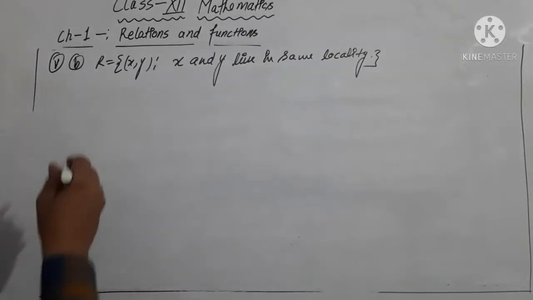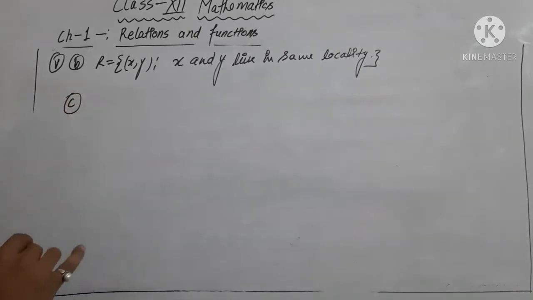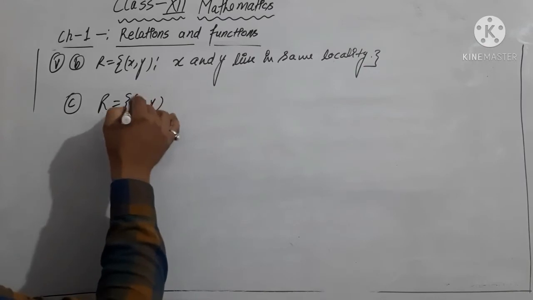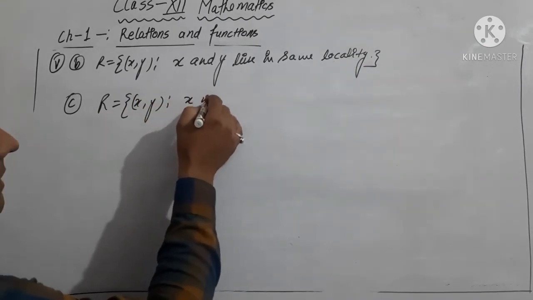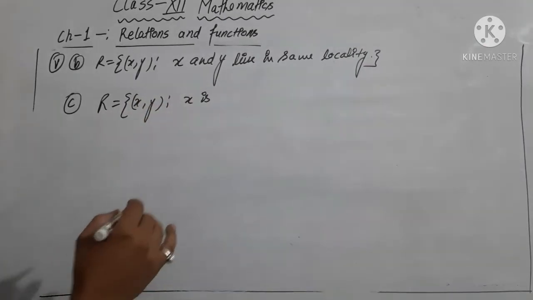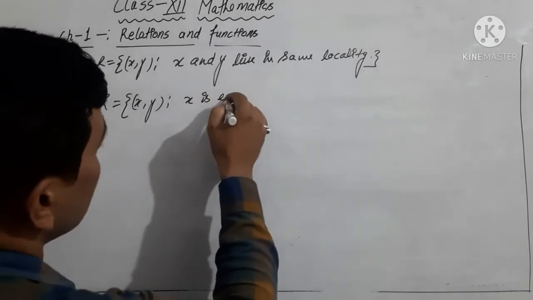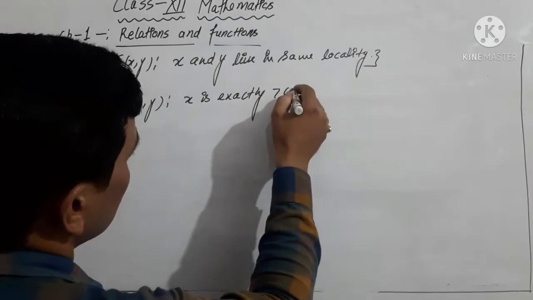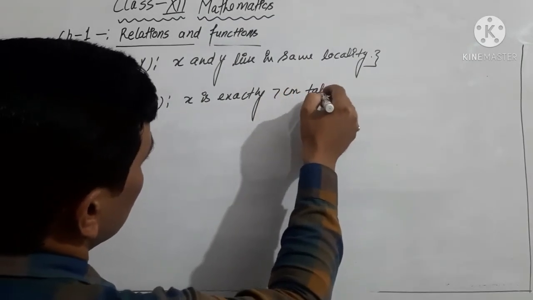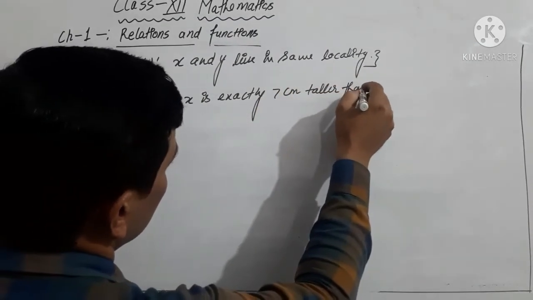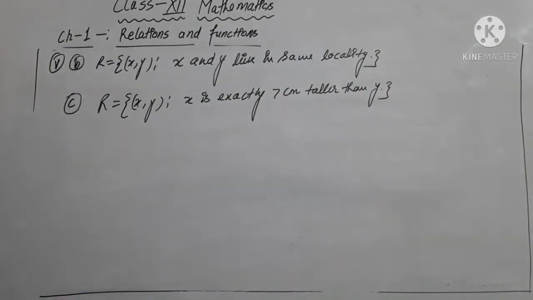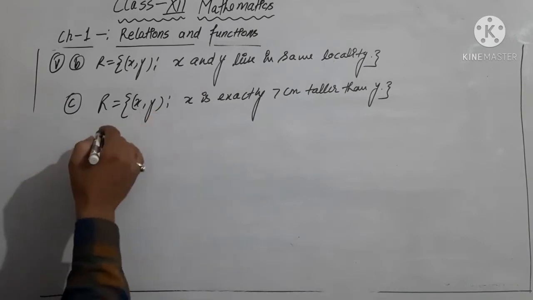Now come to the C part. Relation R: (x, y) such that x is exactly 7 centimeter taller than y.